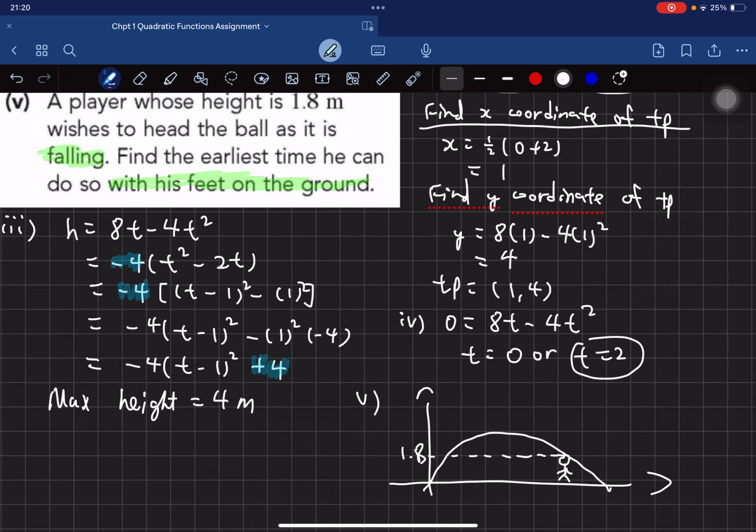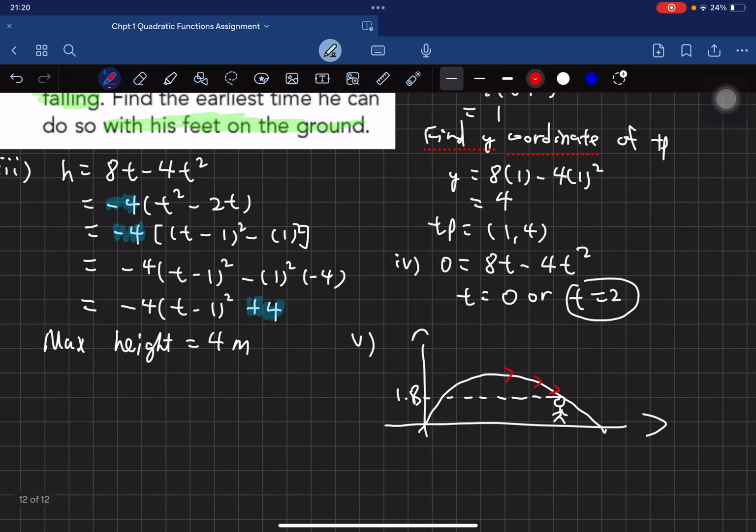He wants to hit the ball when the ball is falling. This is the falling motion. It is not here. It is not here, this is rising. The ball is going up. So over here, the height is 1.8.